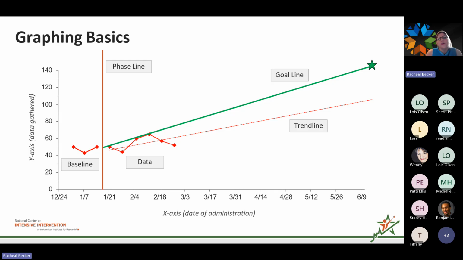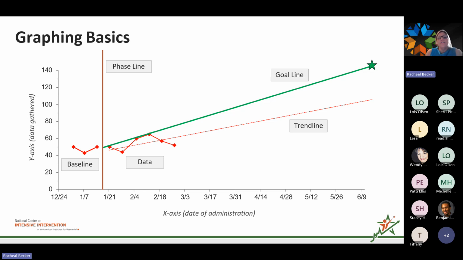So these graphs are important because, like I said, it takes the guesswork out of this decision making, because we've all sat in data meetings where we might be looking at the data and we're like, I think he's making progress, but we're not sure of the rate. This really helps us to close that gap and to really make data-based decisions instead of having to guess.